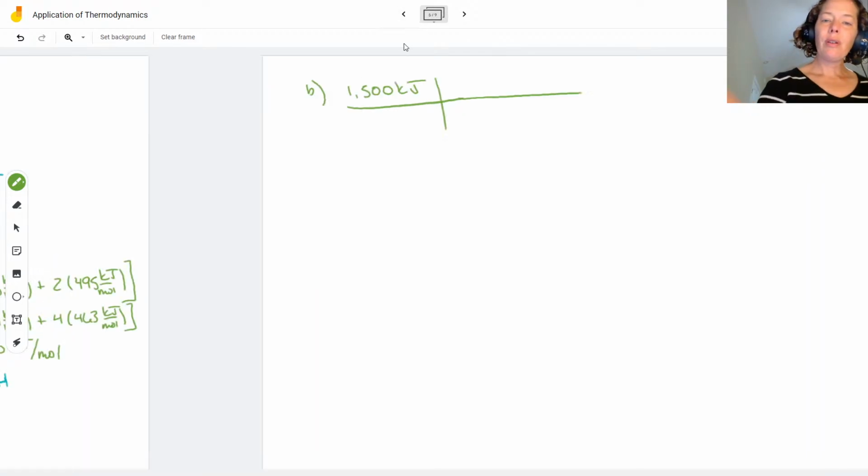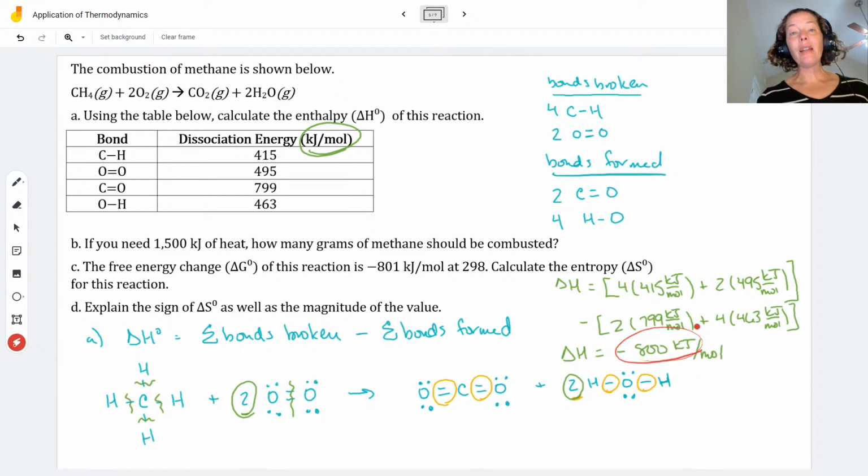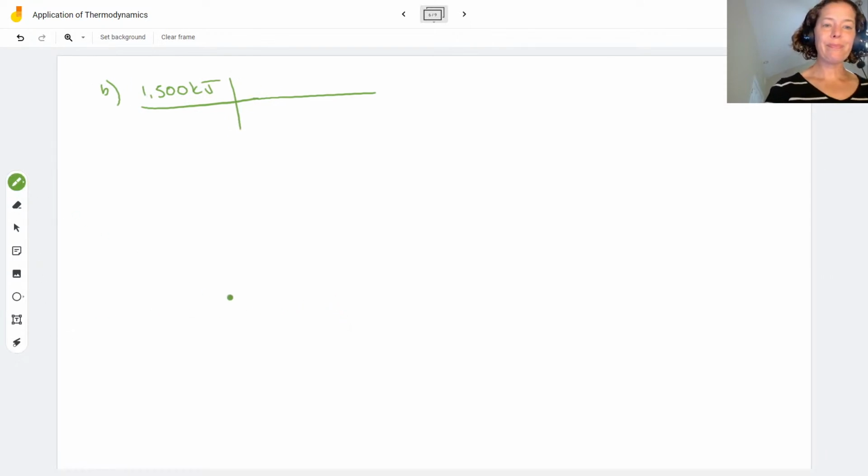If we go back, we have just calculated that per 1 mole of reaction, we're going to get 800 kilojoules out. So that is my next conversion factor here. For 1 mole of reaction, I am going to get out 800 kilojoules of energy. Now notice my units here are going to cancel. That's exactly what I want.